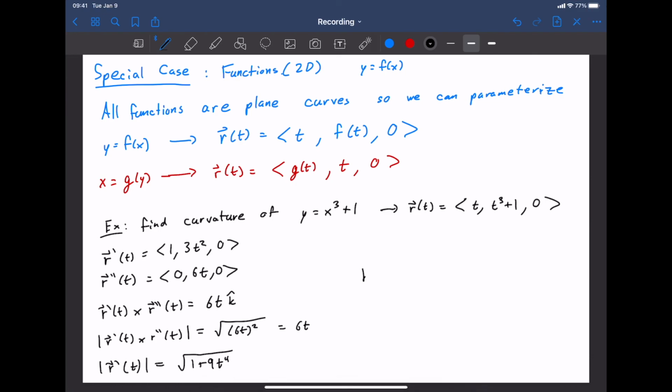And so the curvature formula that you're supposed to be assembling here is the magnitude of r prime cross r double prime all over the magnitude of r prime cubed. So 6t, sorry, I can't help myself, that's got to be the absolute value, all over 1 plus 9t to the fourth, all to the 3 halves, to make sure you're accounting for the square root as well.